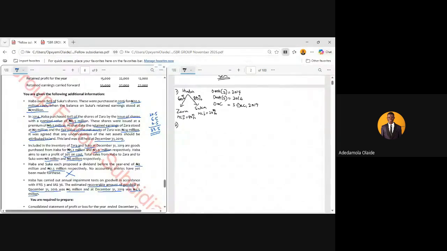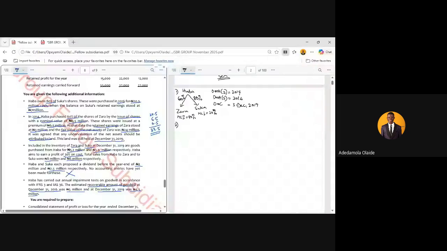Additional information 3: we have inventory that was bought from a member of the group. Once you buy inventory from a member of the group and it is still inventory at the end of the year, it simply means they are yet to sell those goods to a third party. But from the information given to us here, the seller made 30% profit on it.